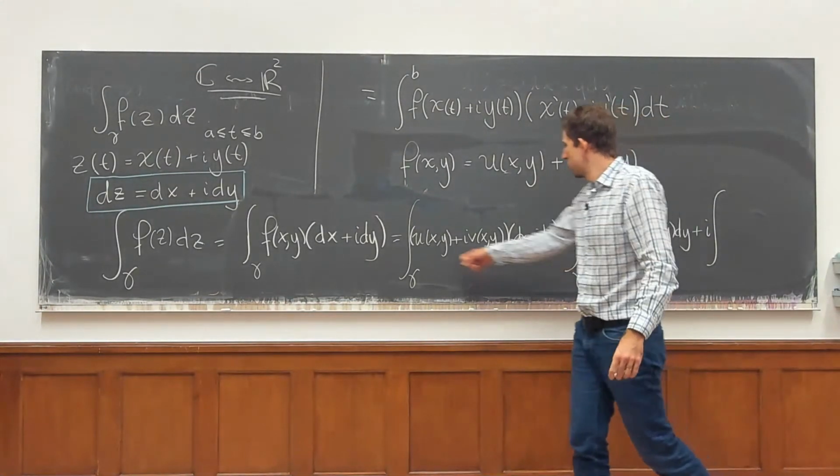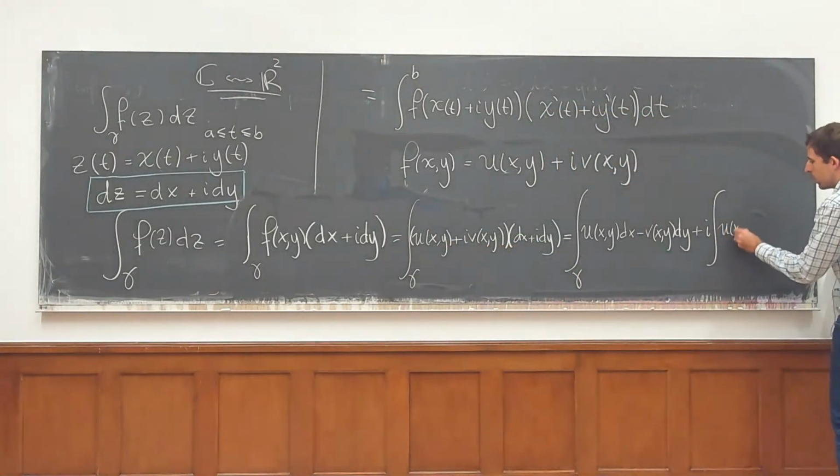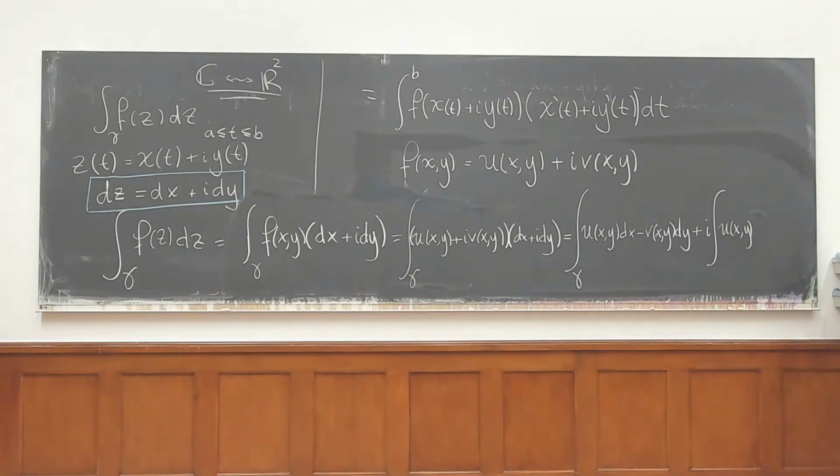So it should be this one against this one and this one against this one: u(x,y) dy plus v(x,y) dx.